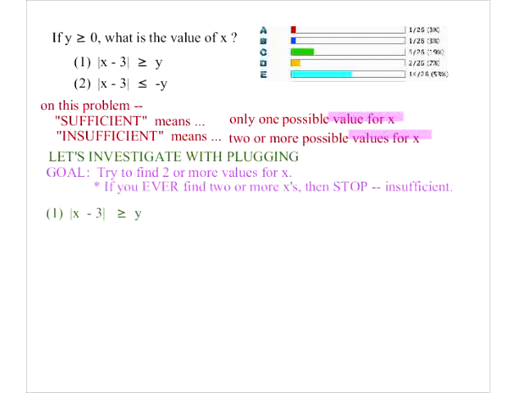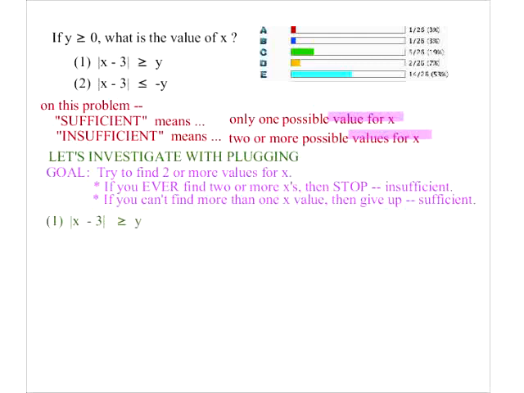But if you keep getting the same, if you can't find more than one x, then give up, so sufficient. Okay. So statement one, if you understand this, by the way, do not approach problems until you understand what you're doing. This is one thing where people have a lot of trouble in data sufficiency because they don't actually take the time to figure out what they're doing before they do it. So you can see how that would be an issue.